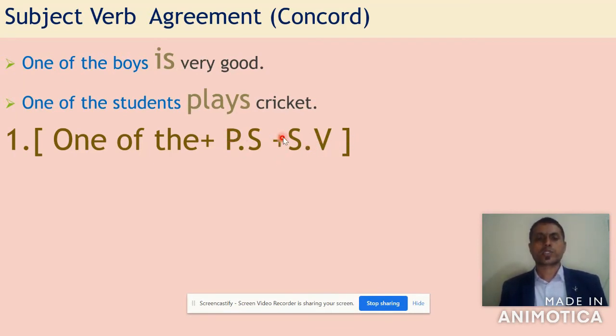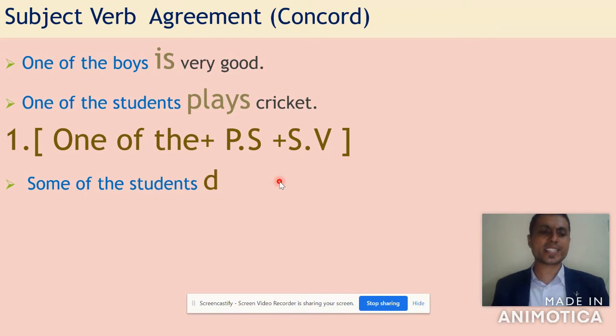You have to understand the context and situation, then you can easily supply the correct form of the verb under the rules of subject verb agreement. My dear student, now let me take you to the next slide, and let's have a look at some example sentences.